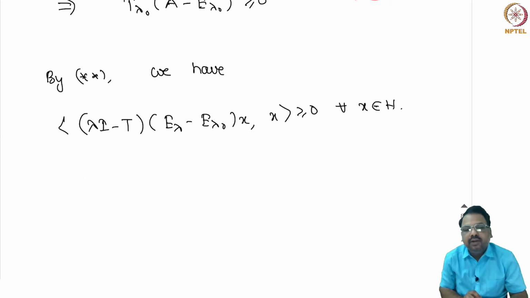Now as lambda goes to lambda naught, we know that E lambda x converges to Ax.